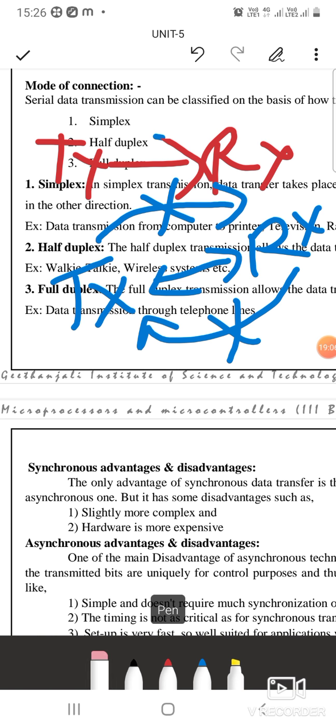Data transmission can be done from both ends, but only one way at a time, since only one channel is possible.